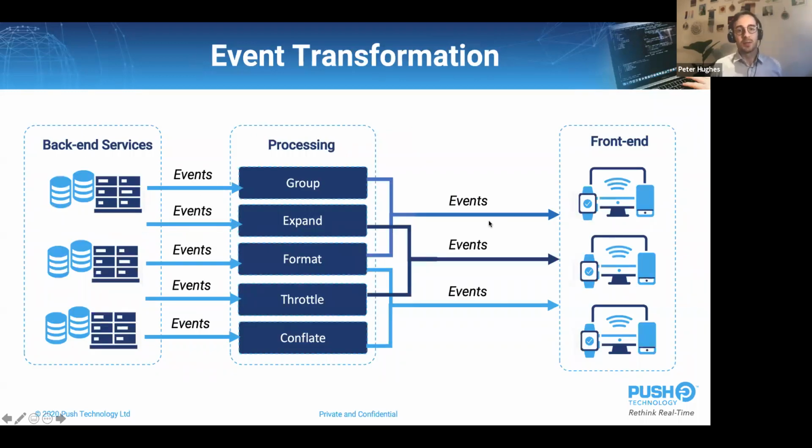So the next thing that I want to cover is the event transformation part. Unlike other systems or more traditional messaging systems, Diffusion has the ability to actually transform data in flight. So as events are pushed into the system, you can group them, expand them, you can format the values by picking out specific subsets, or you could throttle and conflate. You can control the delivery parameters of those events.